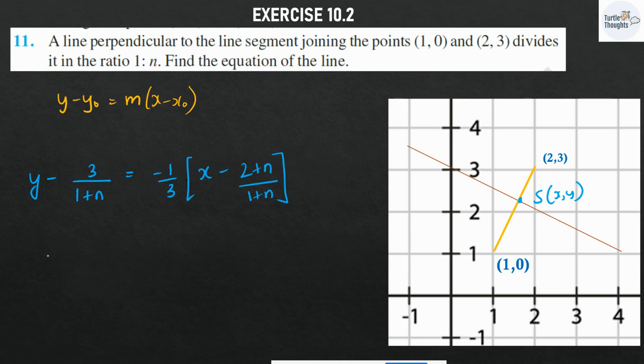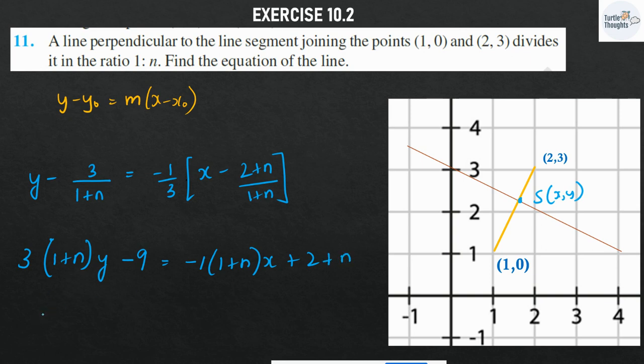Okay, so here what I will be doing is cross multiplying the 3 to the other side. 3 multiplied by 1 plus n, cross multiplied with y, minus 3 into 3, which is 9, is going to be equal to minus 1 into 1 plus n, from here, when I cross multiply with x, and plus 2 plus n.